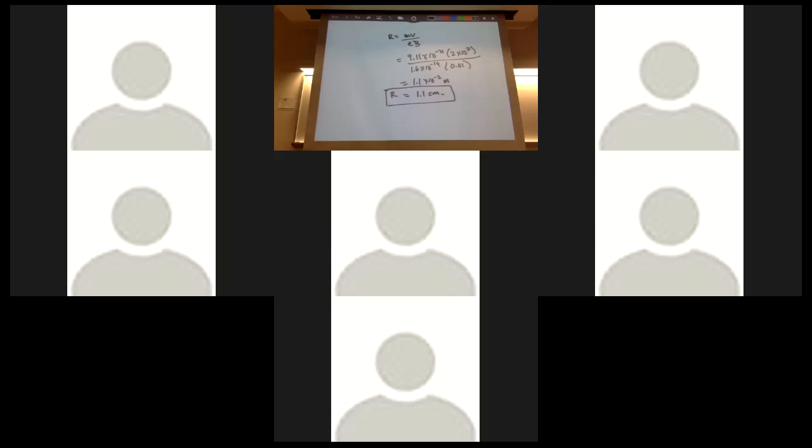Well, we can go further. What's the time it takes for this thing to do that? Well, that's the period. So how does the period relate to the velocity? Remember that from our second kinematic equation, the distance we travel, which is 2 pi r, is equal to the velocity times the time, where the time in this case is simply the period. So this says that the period is equal to 2 pi r divided by the velocity.